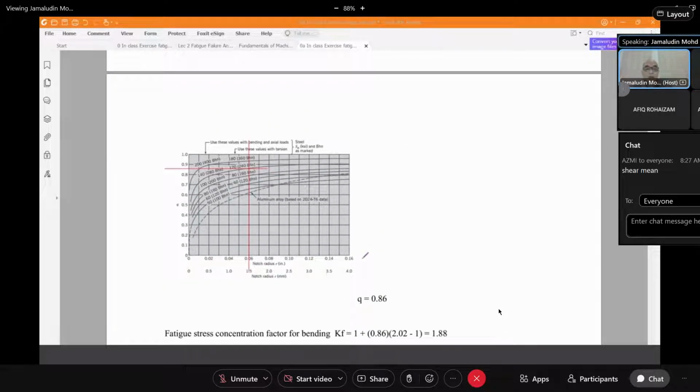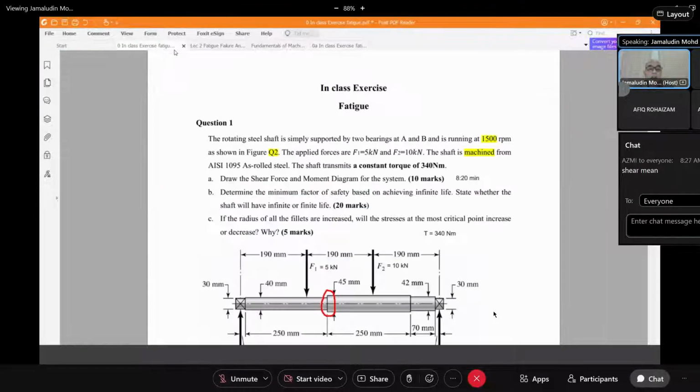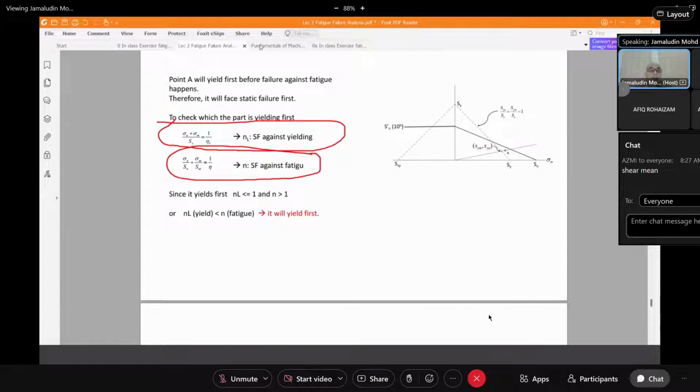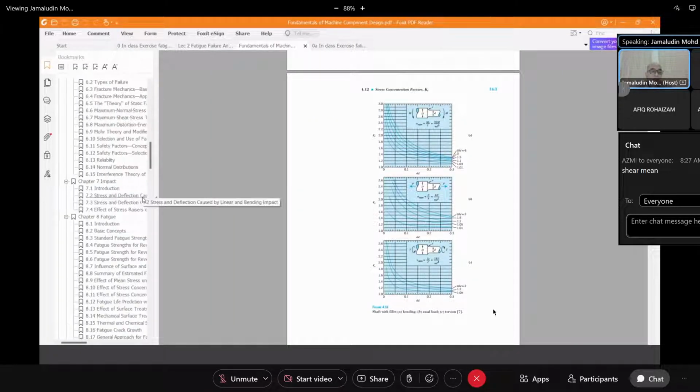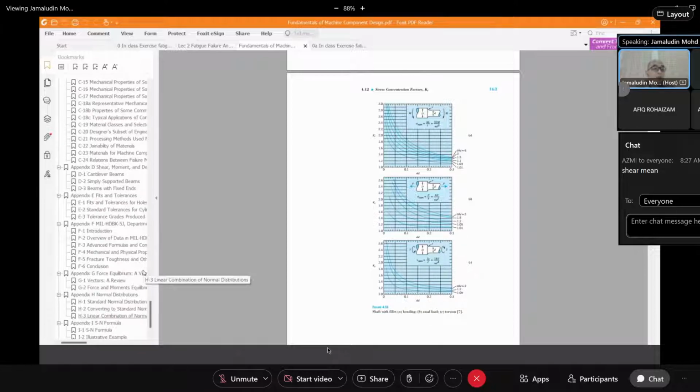Remember the Q: we have to rely on the figures, because of the SU here. Then we have to look back at the question, SAE 1095 hot roll. We have to look at the appendix, Appendix C, properties.